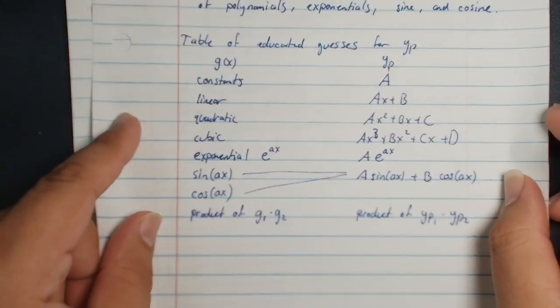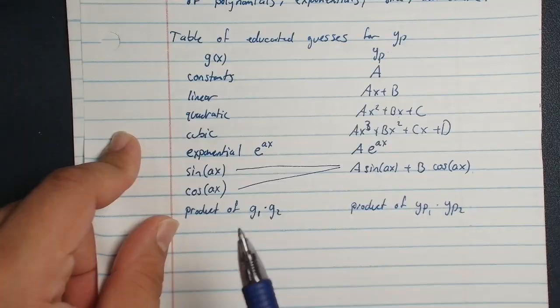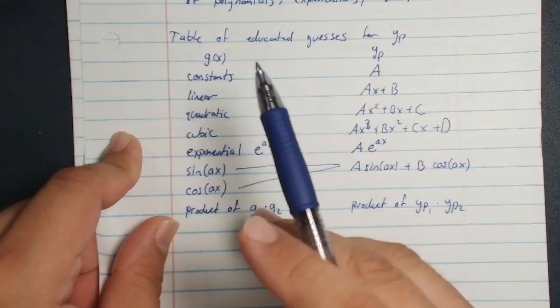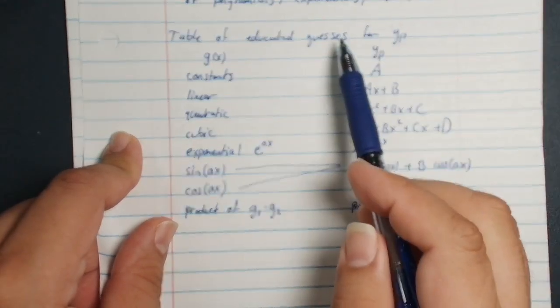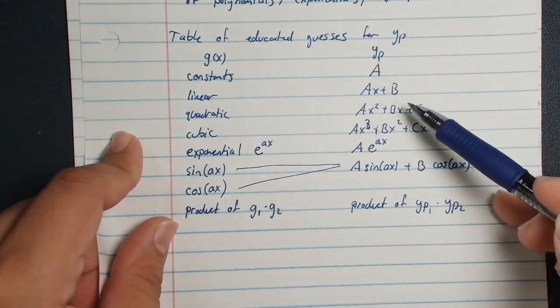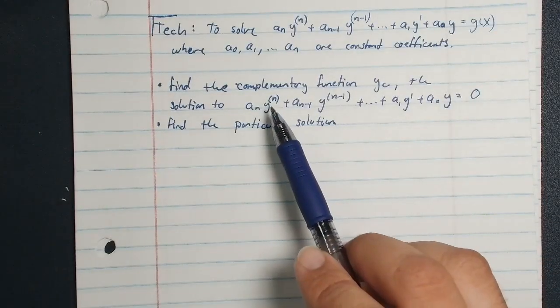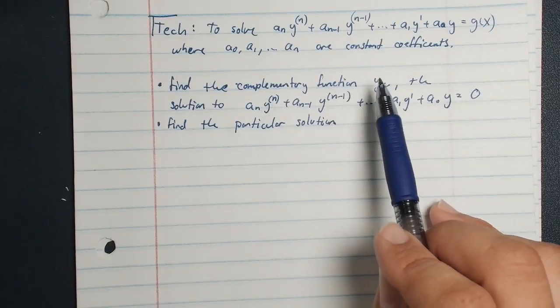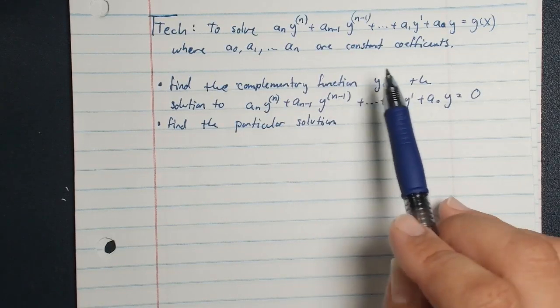The table of educated guesses isn't called the table of definitive answers. We don't know for a fact these will work. No, these are guesses. And sometimes these guesses will be wrong. Well, how will I know? The complementary solution will tell us that. Y sub c will tell us whether our guess is right or not.